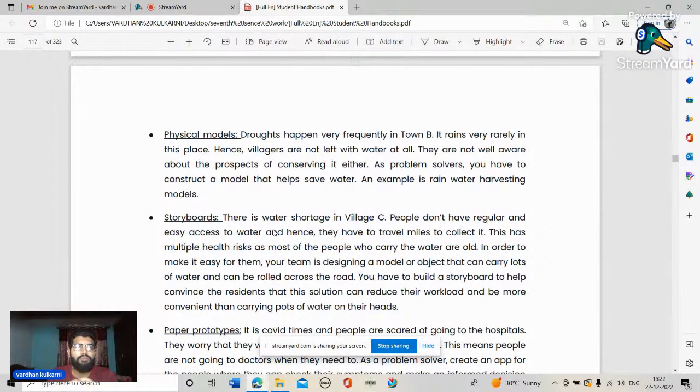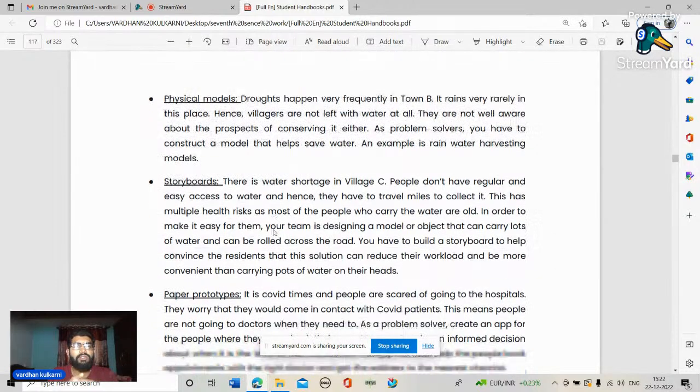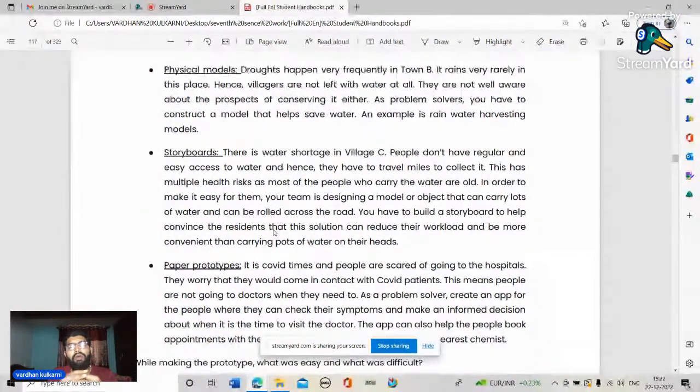Then storyboards. There is a water shortage in village C. People don't have regular and easy access to water, and hence they have to travel miles to collect it. This has multiple health risks, as most of the people who carry the water are old.